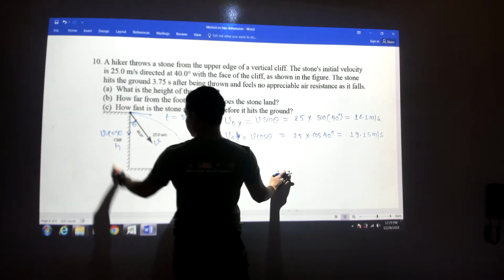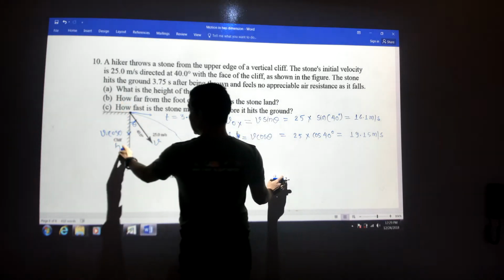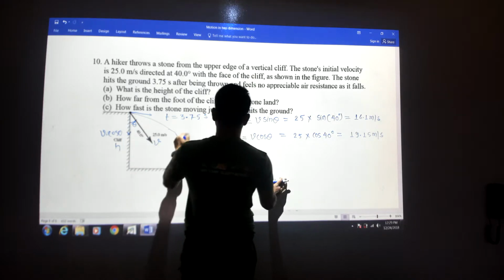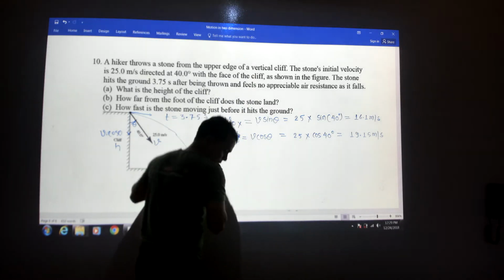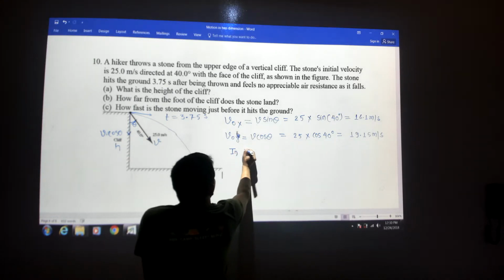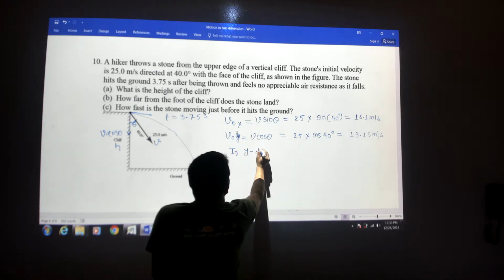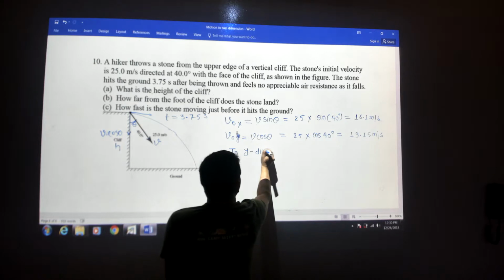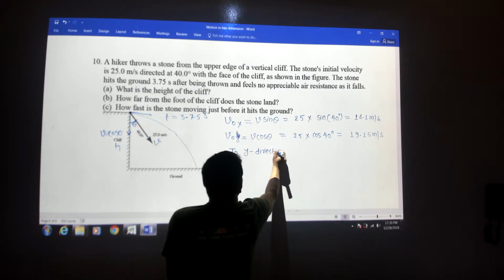The y direction is the vertical direction. We're given the time as well. The time is 3.75. So in the y direction, we are given the time.